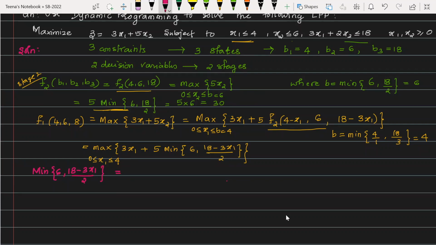And this ranges over 0 less than or equal to x1 less than or equal to 4. The range of x1 is from 0 to 4.